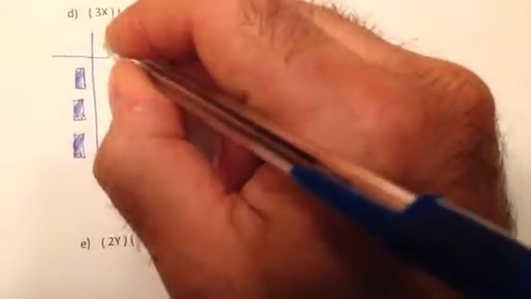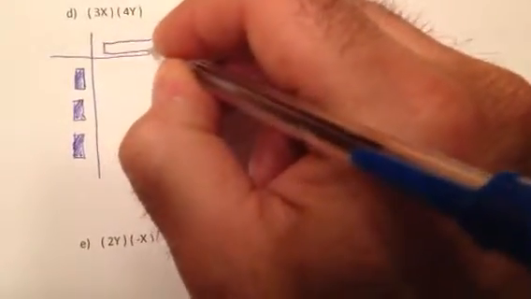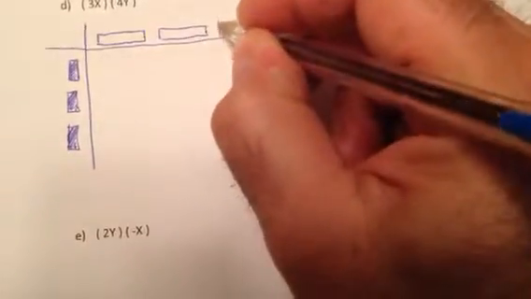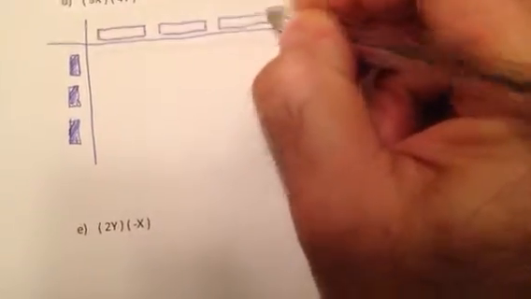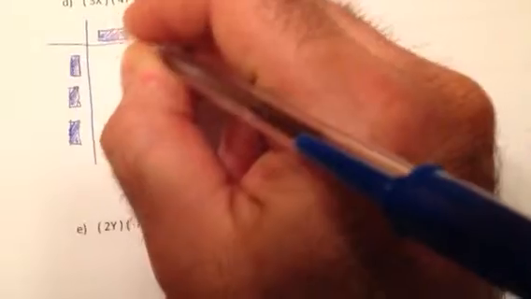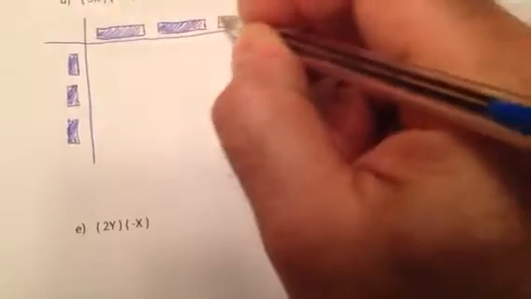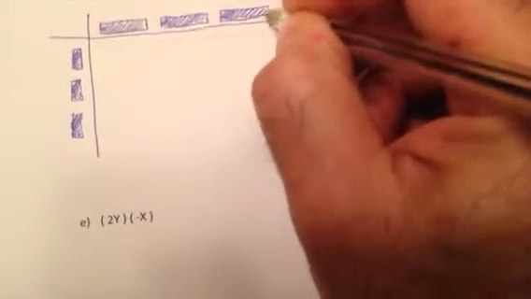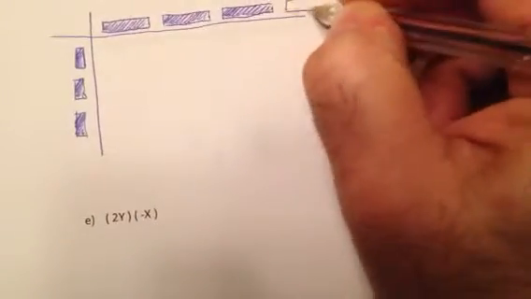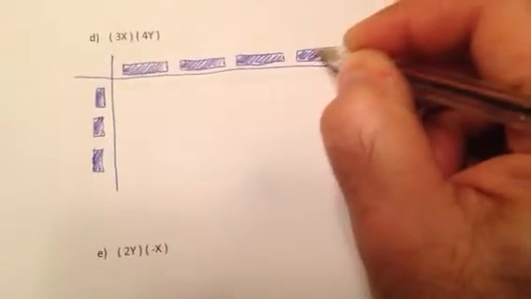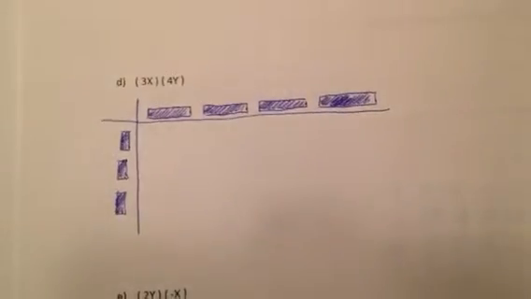So a y looks like an x, except we make it just a little bit longer so we can tell the difference. So there is 3 and one more to give us 4. And there we go. We have 3x by 4y.